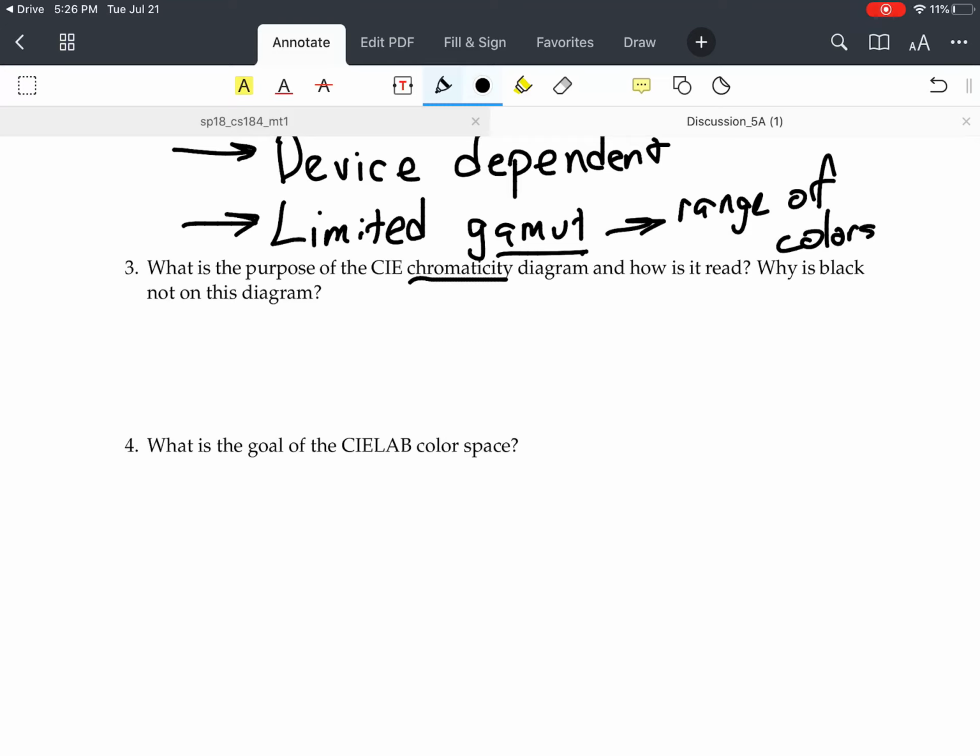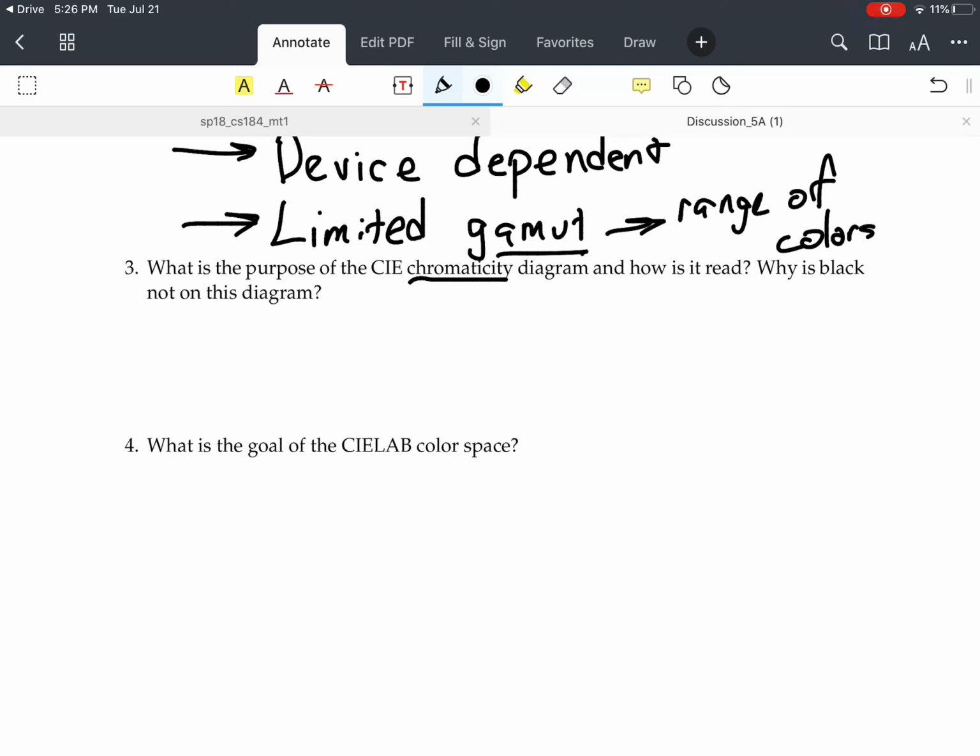I know it's tricky, but it basically means the underlying actual color that it is. The reason this is different from anything else is that it doesn't take into account luminance or brightness. It's really just focused on what the color is rather than how bright this color is.